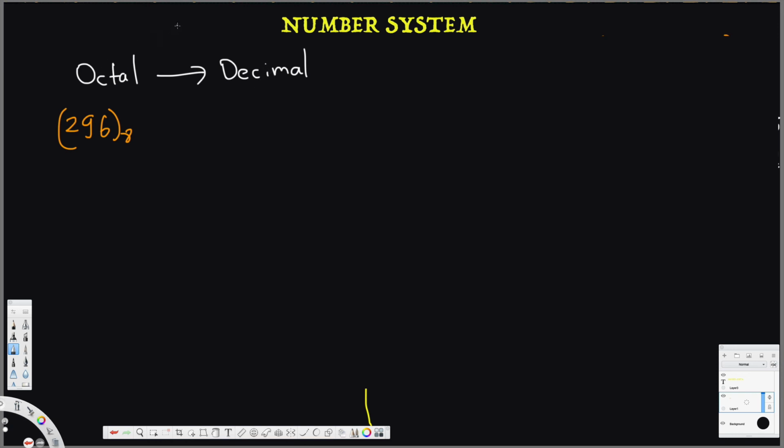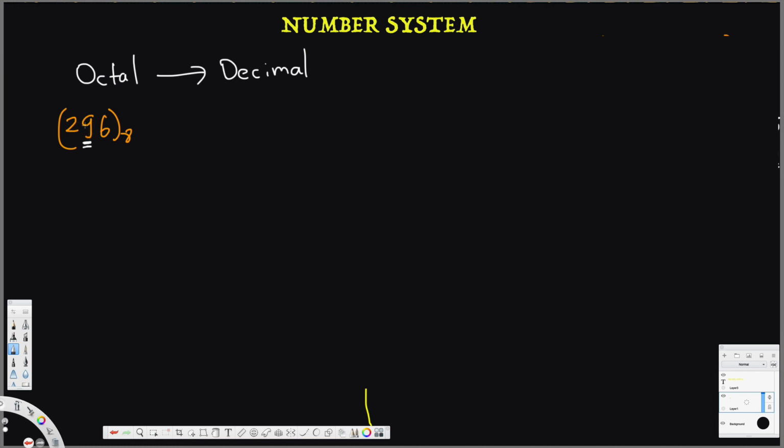For a binary number, the base is 2, so 1 less than that is 1. 1 is the maximum. 0 and 1 are the only numbers we can have. And for octal, we cannot have 9 or even 8, because for octal we have to have 1 less than 8, that is 7. So between 0 and 7 are the numbers we can have. So we cannot have a number like 9 in this case.